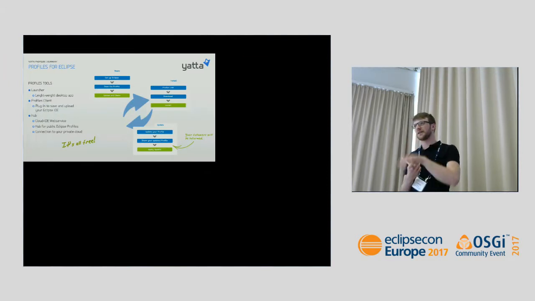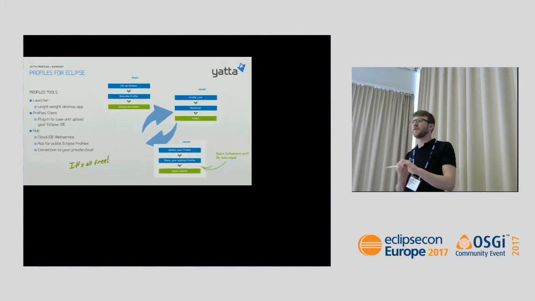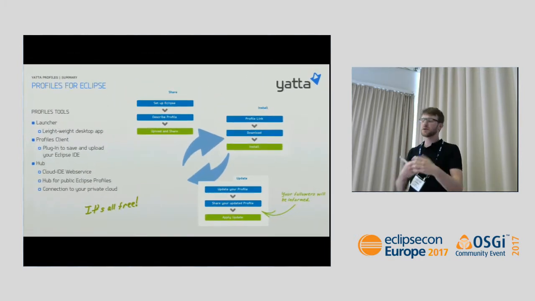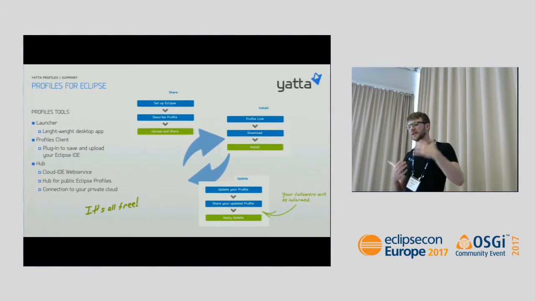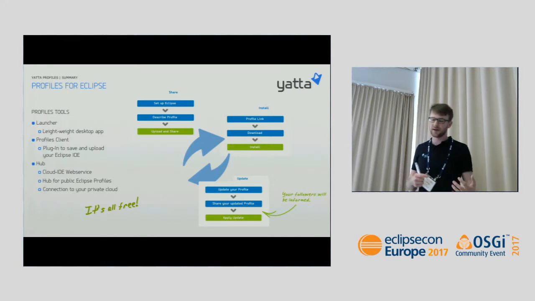You get the cloud service, the eHub, which allows you to browse the profiles of others that you have access to, see a little preview of the profile you're going to install, and of course to maintain your profiles, for example, to maintain their visibility, to add a description that is meaningful and all these things.